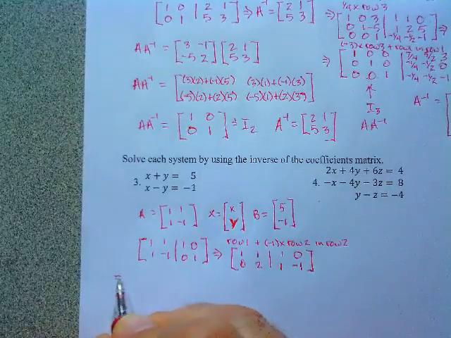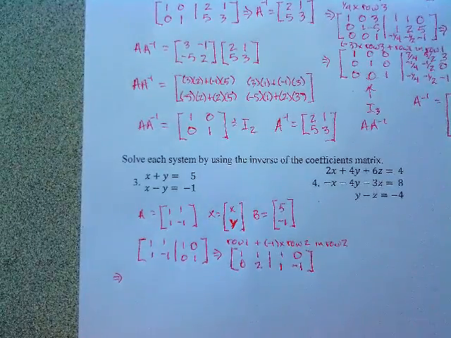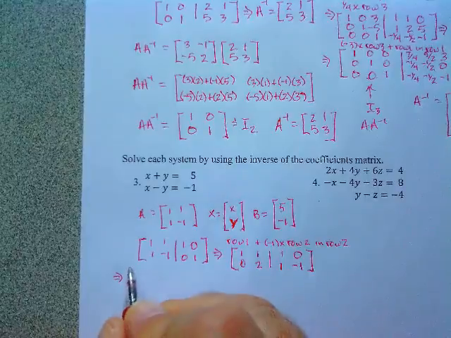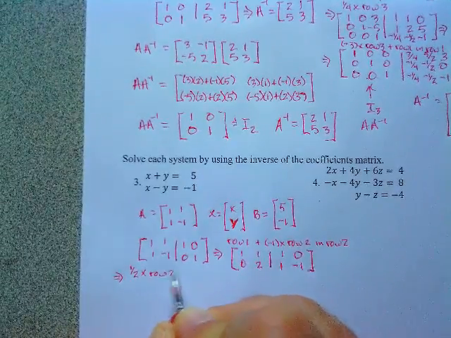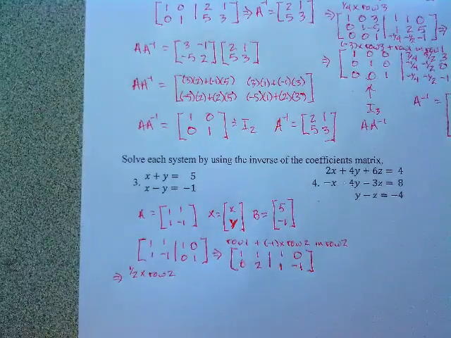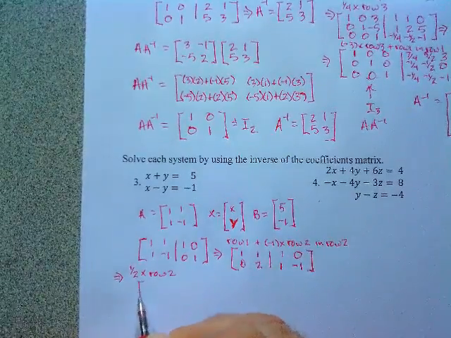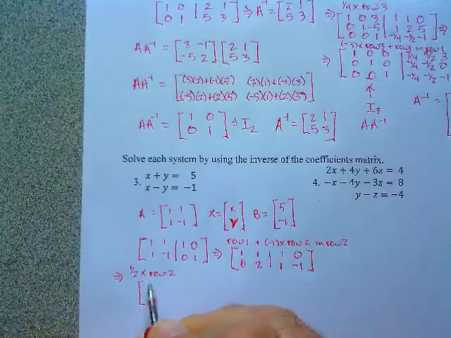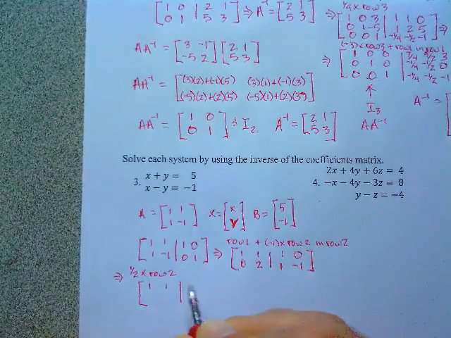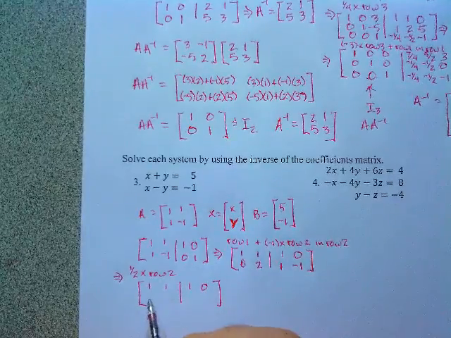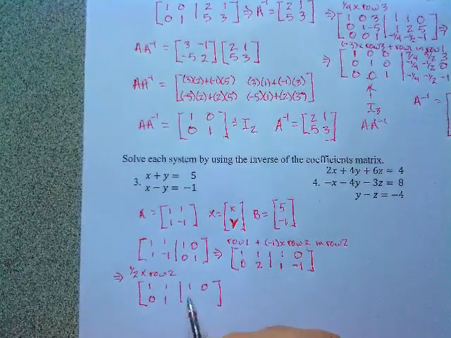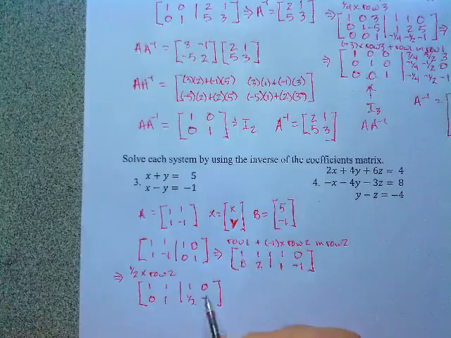Alright, next, let's do half of row 2. That turned that 2 into a 1. And so we're not changing row 1. But here we have 0, 1, 1/2, and negative 1/2.